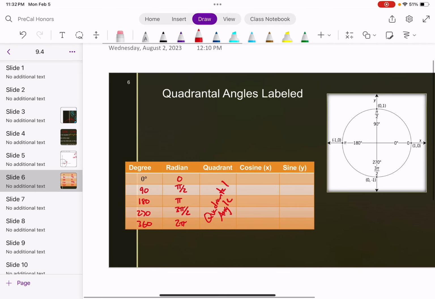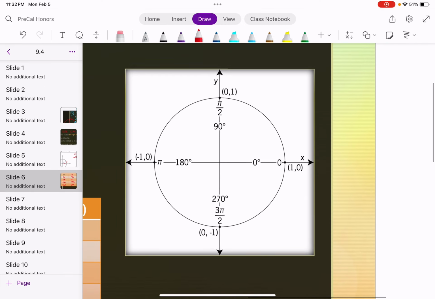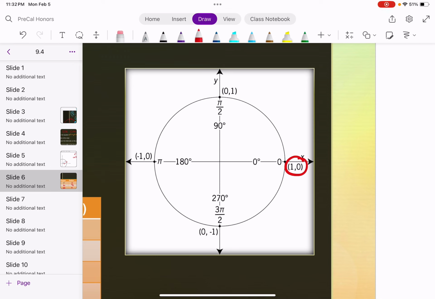Now, as we start taking a look at our cosine and our sine, every single time that we end up at a point, the x value is actually your cosine, your y value is your sine. This means that each time that we take a look at our unit circle, this point right here is actually telling us cosine and sine.